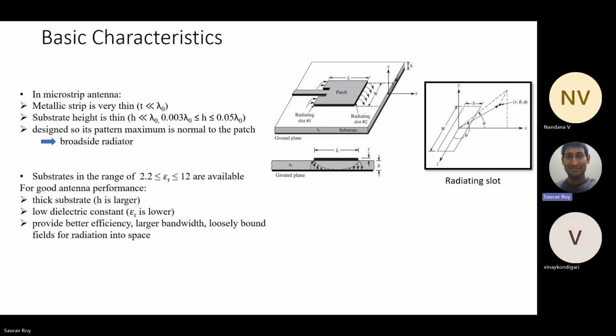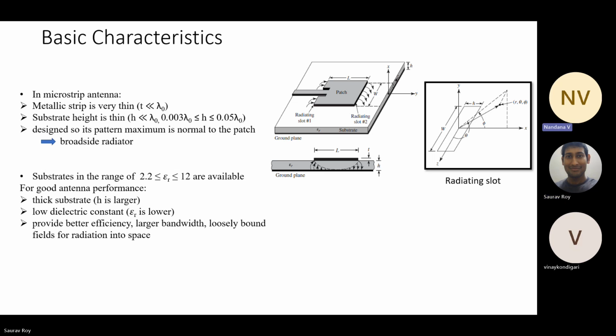So normal to the patch antenna will be what direction? Now Nandana, tell me, in which direction do you want the maximum radiation from this patch antenna? Look at the patch antenna drawing on the right side. Which direction means radiation pattern?